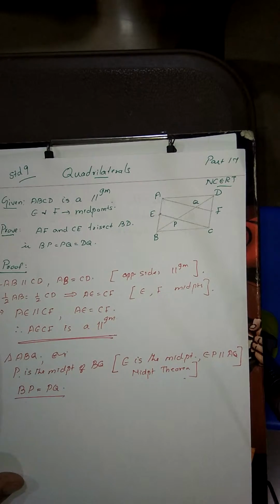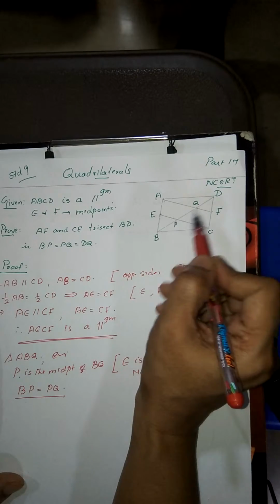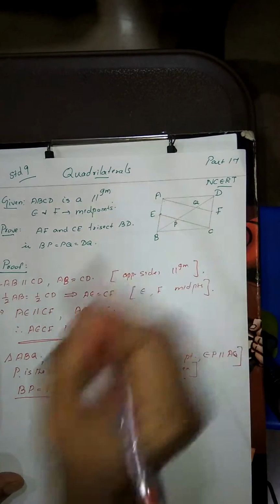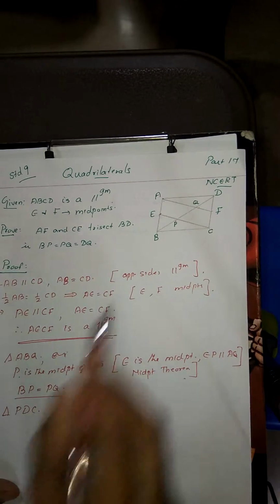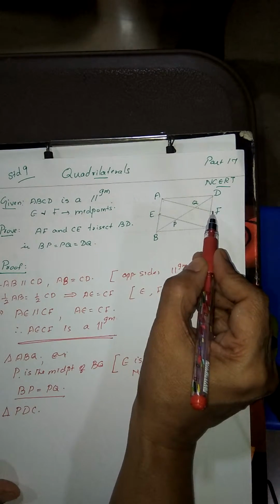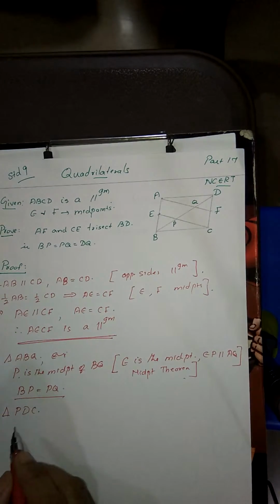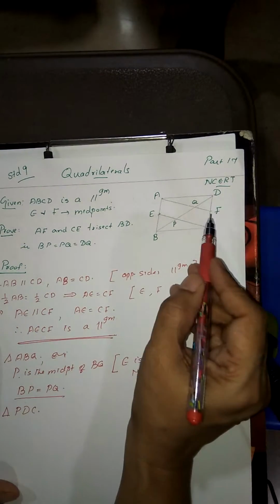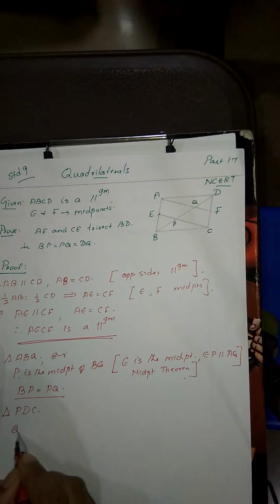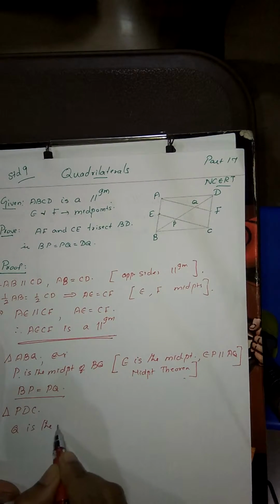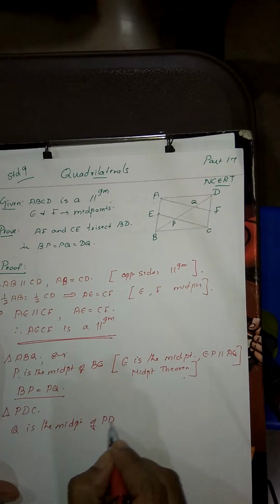This is one result. Now we will consider this triangle PDC. Consider triangle PDC. Again, F is the midpoint and FQ is parallel to PC. So, from that you can say Q is the midpoint of PD.